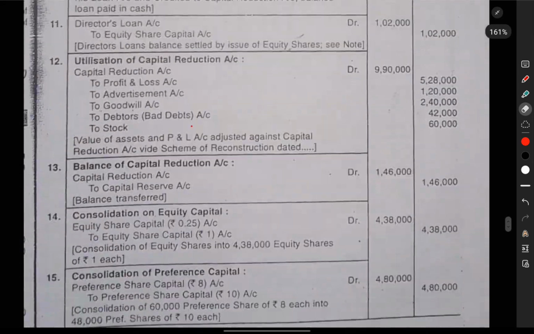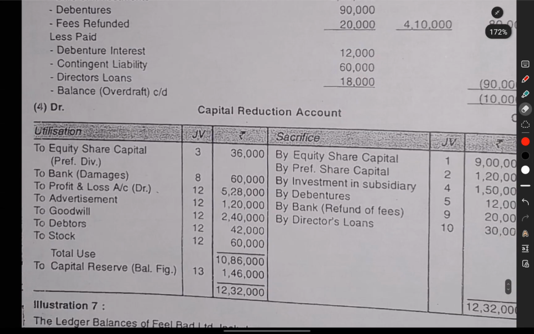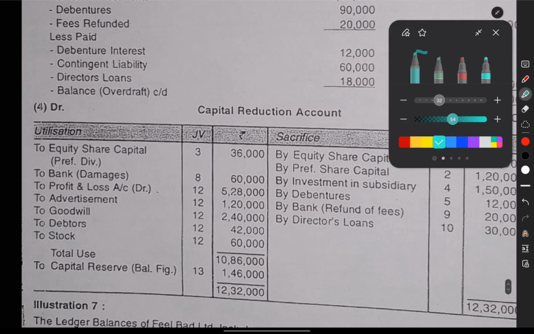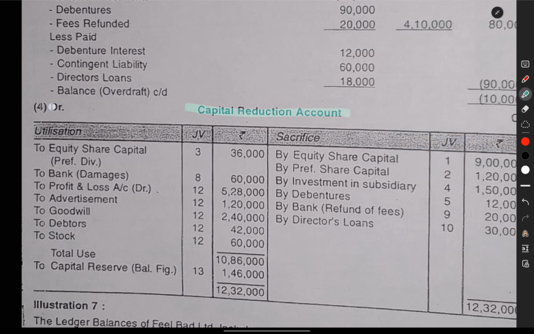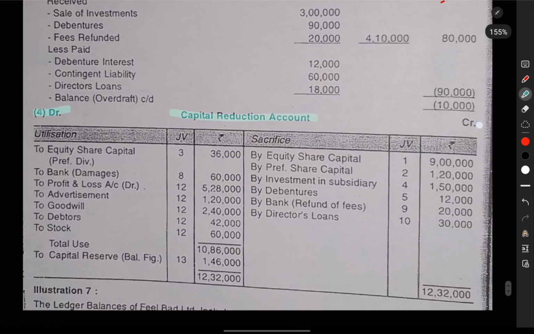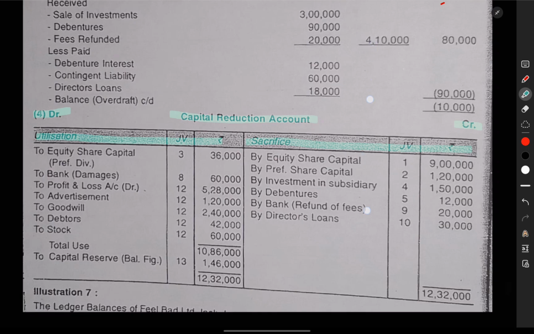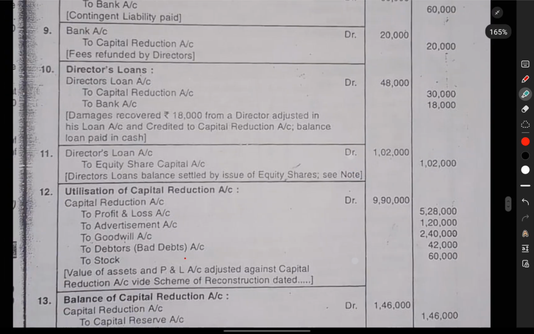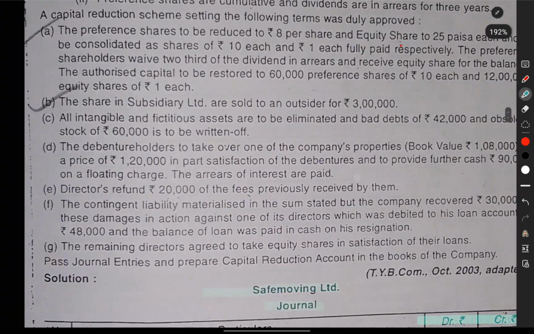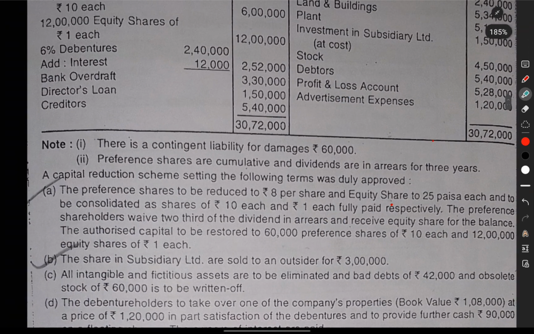Next, you have to prepare capital reduction account with debit and credit side. Okay, utilization and sacrifice. Let's start.